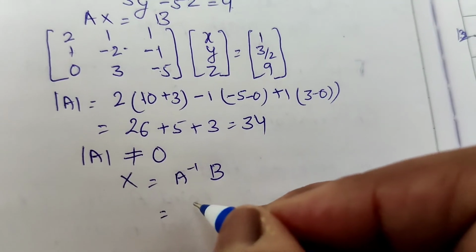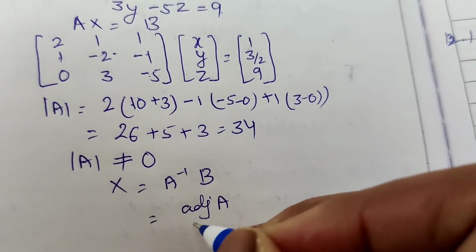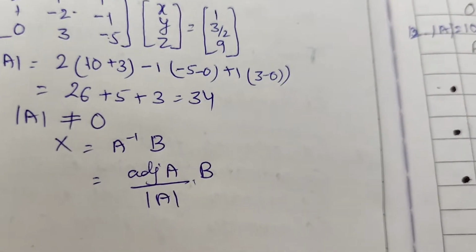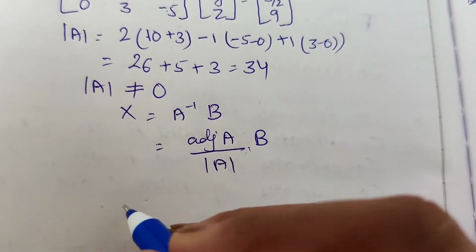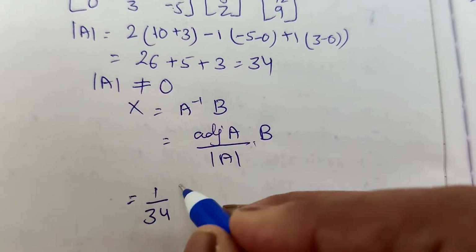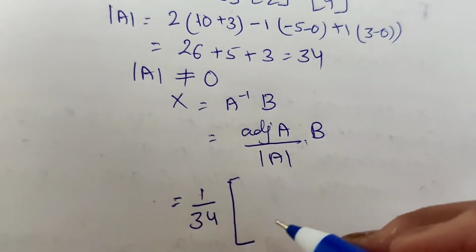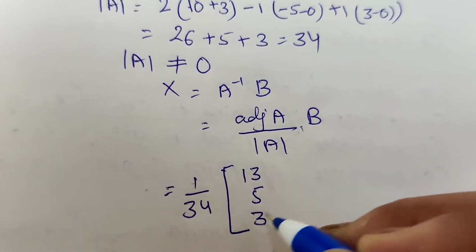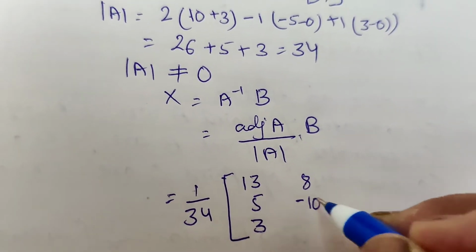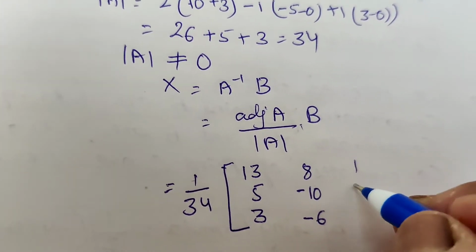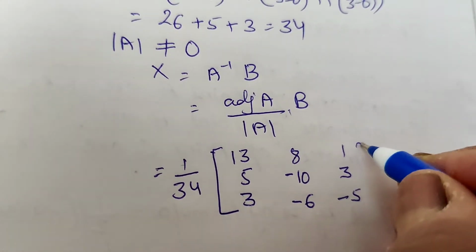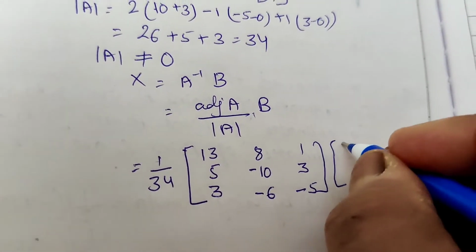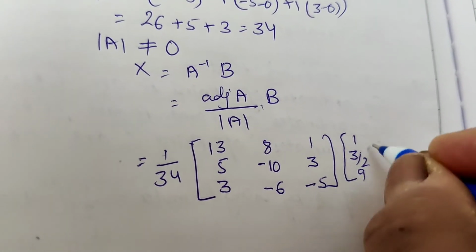A inverse is adjoint of A divided by determinant of A, into B. Now the adjoint of A, 1 upon determinant is 1 by 34, and the adjoint of A, I have found, is [13, 8, 1; 5, -10, 3; 3, -6, -5]. You can do it yourself. And B equal to [1, 3/2, 9].